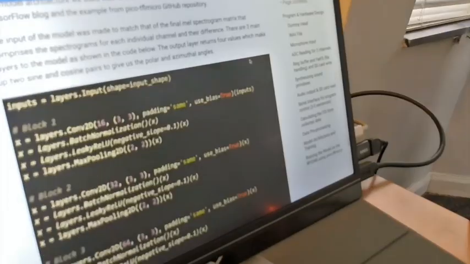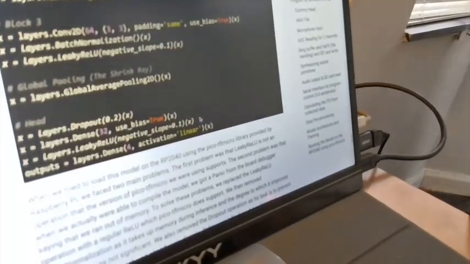And then in terms of model construction, we have a neural net that's 3 layers, nothing too complicated. This is what the initial model looked like.